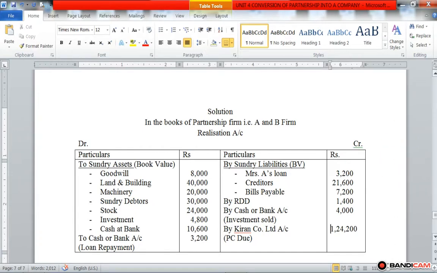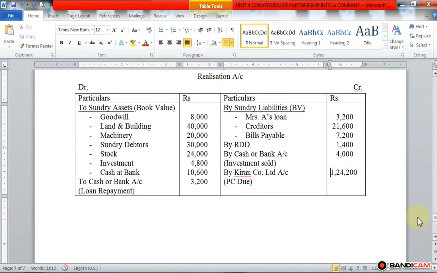Here the credit side is more than the debit side, so the total of the credit side is 1,61,600.